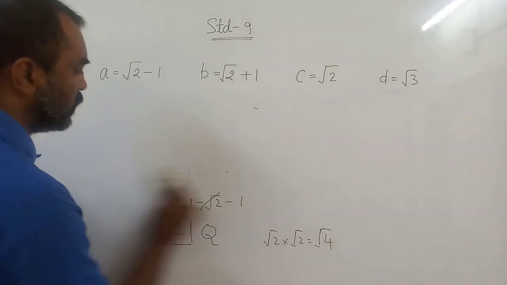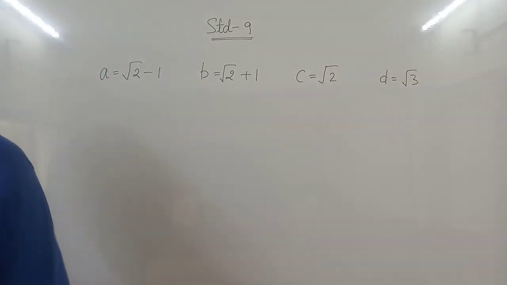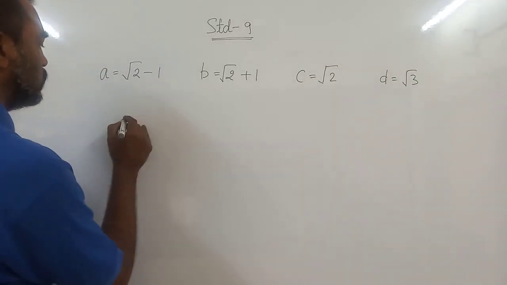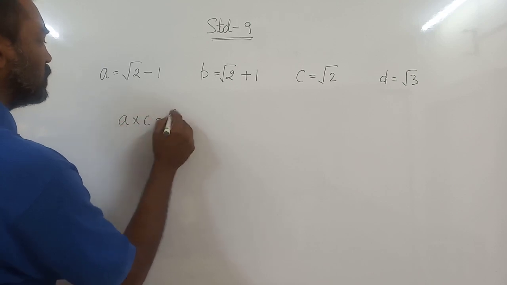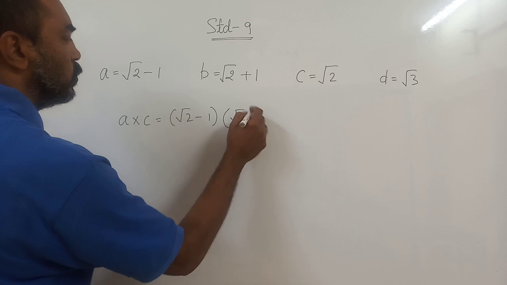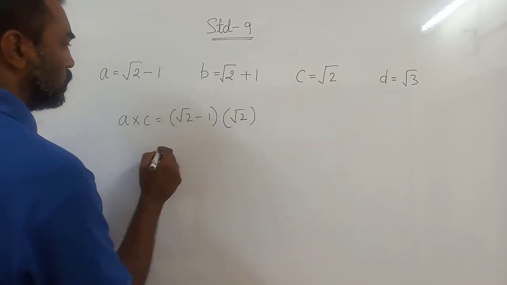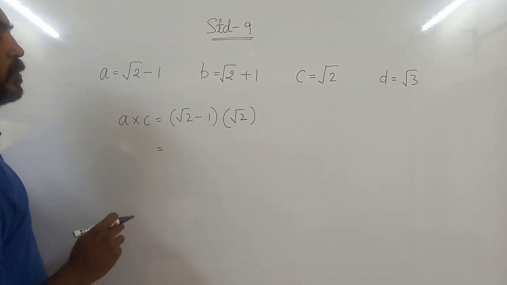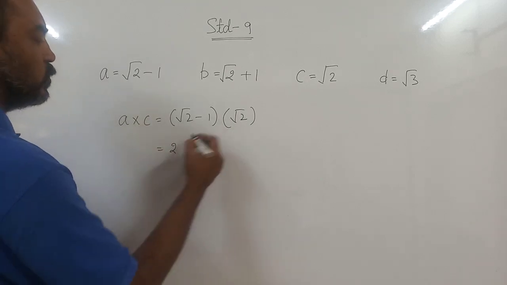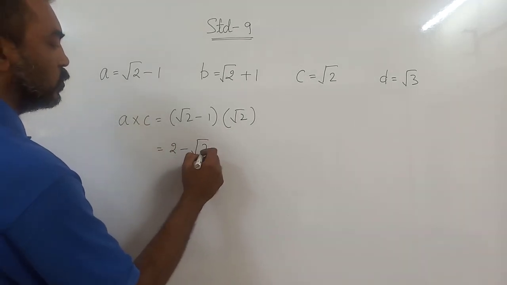Now let me multiply A with C. So root 2 minus 1 into root 2, A into C. What is root 2 into root 2 again? Root 4. So root 4 is 2, and minus 1 into root 2 is minus root 2.